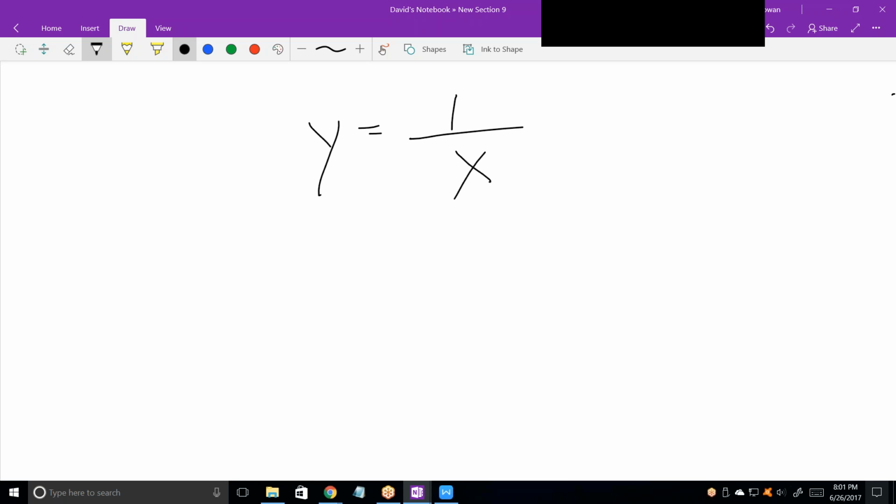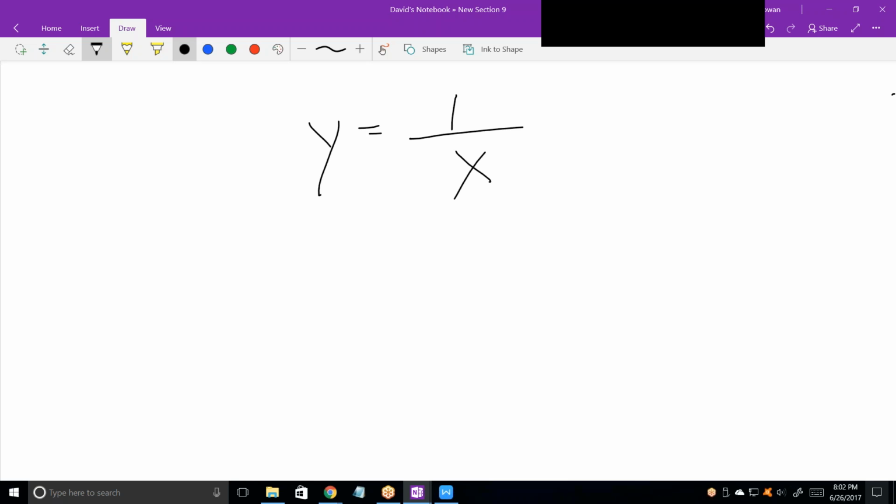Thou shalt not divide by 0. If you were to do a Google search when we're done, and you were to type in 10 commandments of mathematics, you'd get 20 different lists. Every one of them would begin with thou shalt not divide by 0. That is the foundation of mathematics. You absolutely cannot divide by 0.